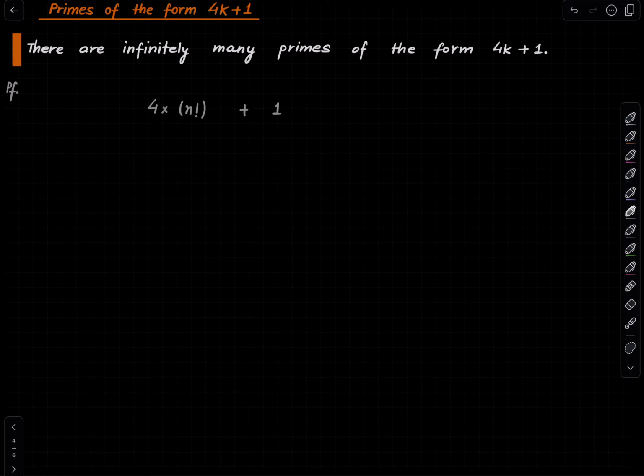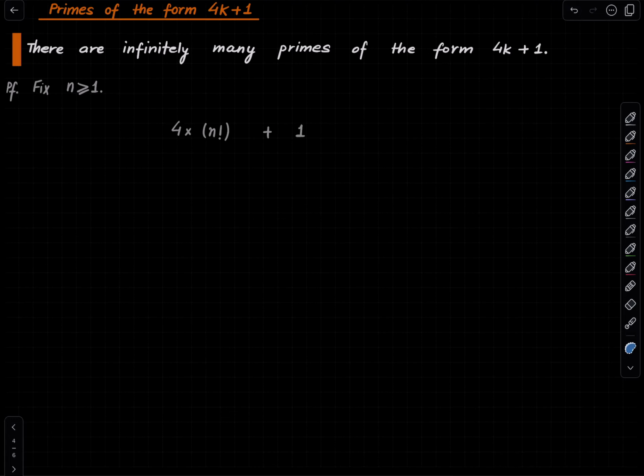Again, what we want to do is show that there is a prime greater than n. We have fixed some natural number n. We want to show that there is a prime greater than n, which is of this form, which leaves a remainder of 1 mod 4. So fix n greater than 1.